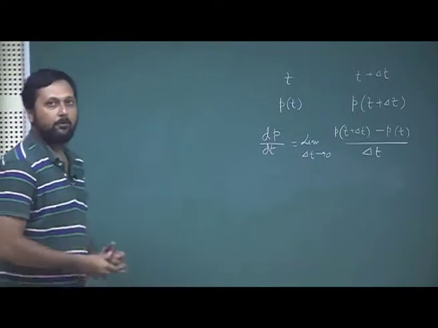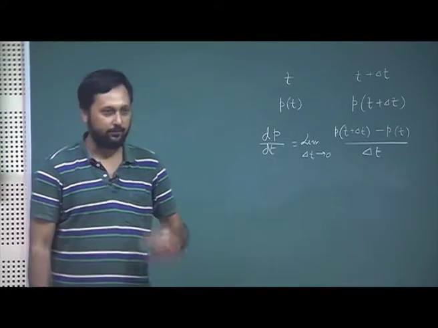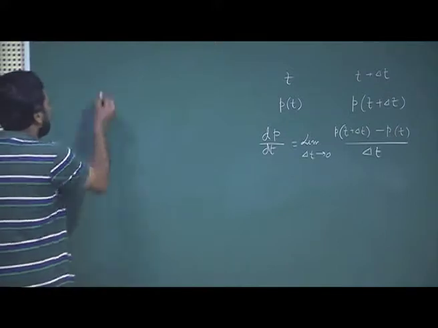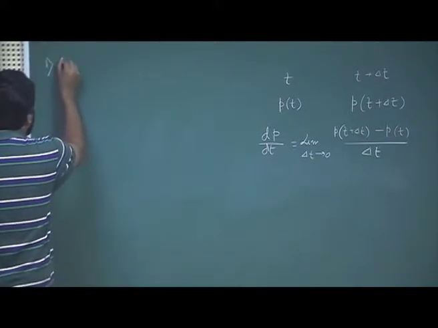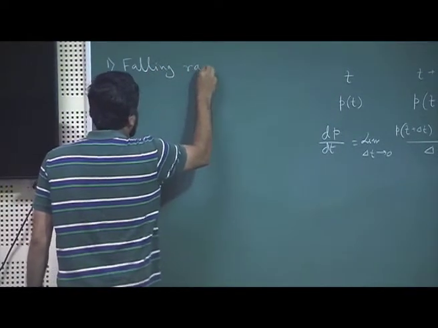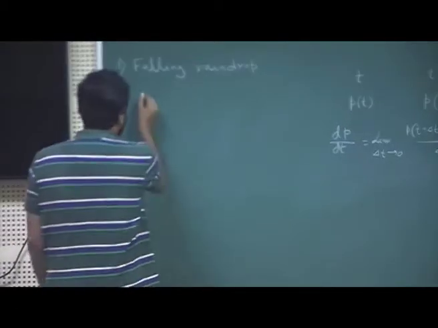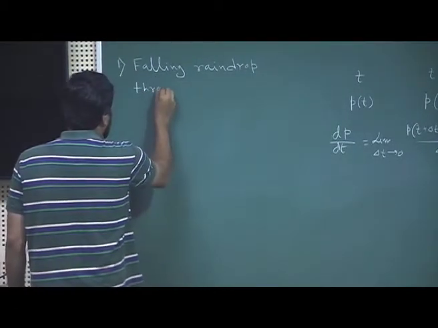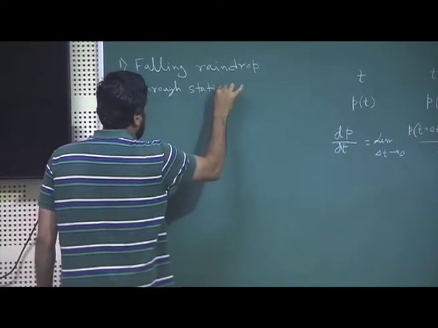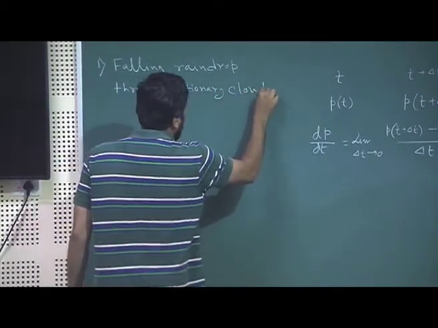Okay. So, one of the most common systems that we study at the textbook level, where the mass changes as a function of time, is a falling raindrop through a stationary cloud.